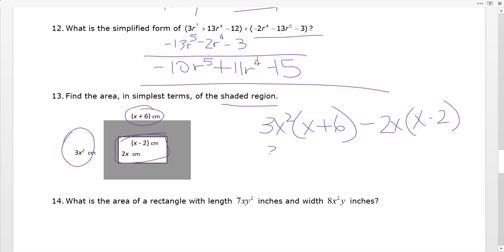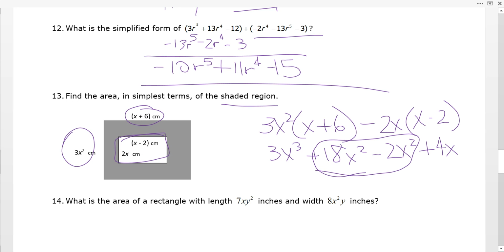So distributing, 3x to the 3rd plus 18x squared minus 2x squared plus 4x. The only terms that are going to stack are going to be those. I only have one 3x cubed, so I have 16x squared, and I have 4x. So that's it. That's all we can do, and that's my answer.